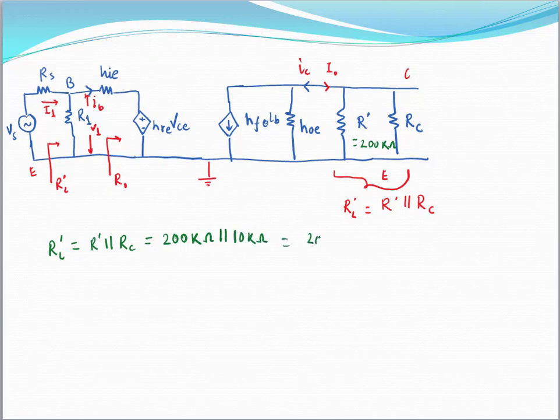So it is around 200 into 10 into 10 to the power 6, divided by 210 into 10 to the power 3. It will come around 9.52 kilo ohm.